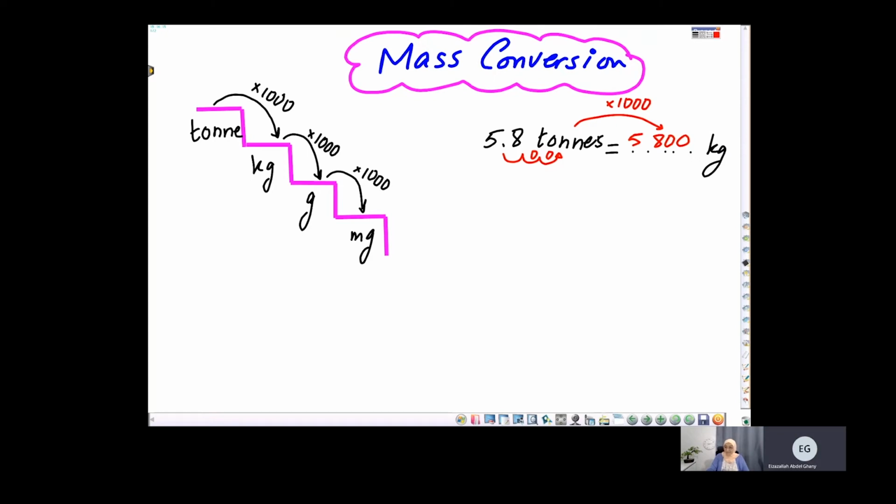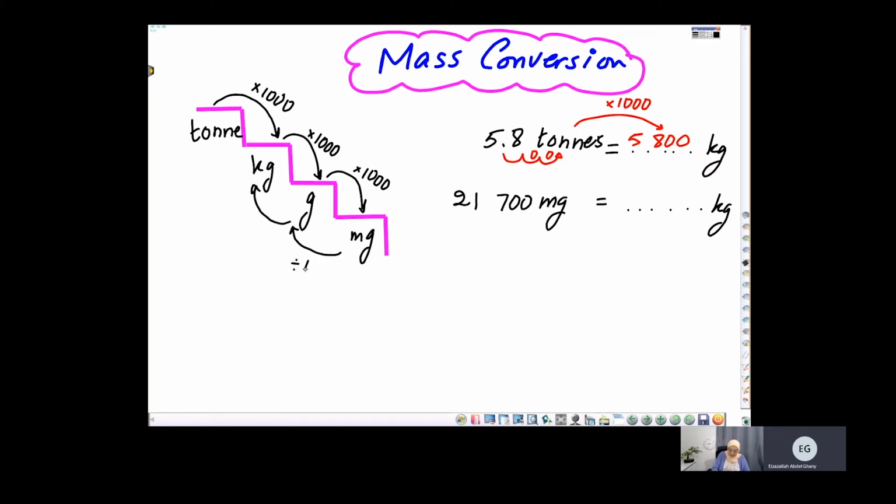Okay, let's now convert milligram to kilogram. You want to convert it into kilogram. From milligram to kilogram, you are skipping a step.